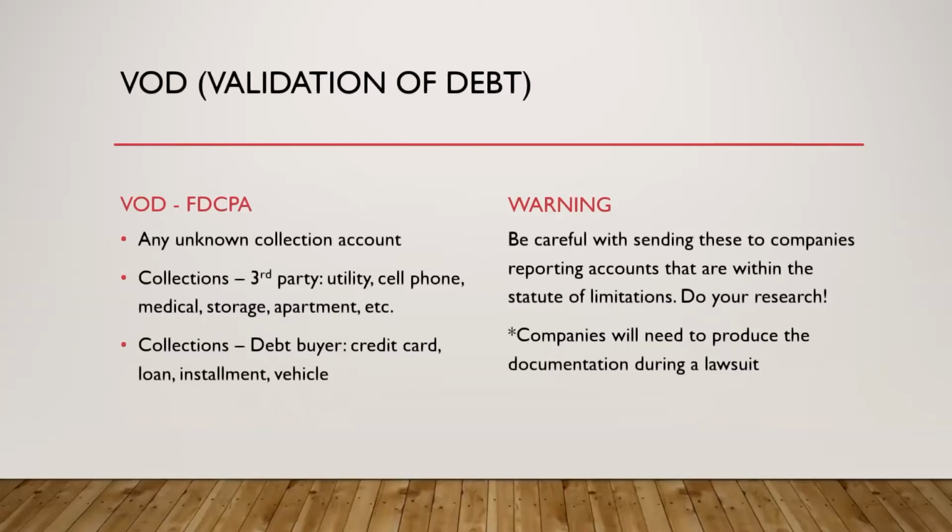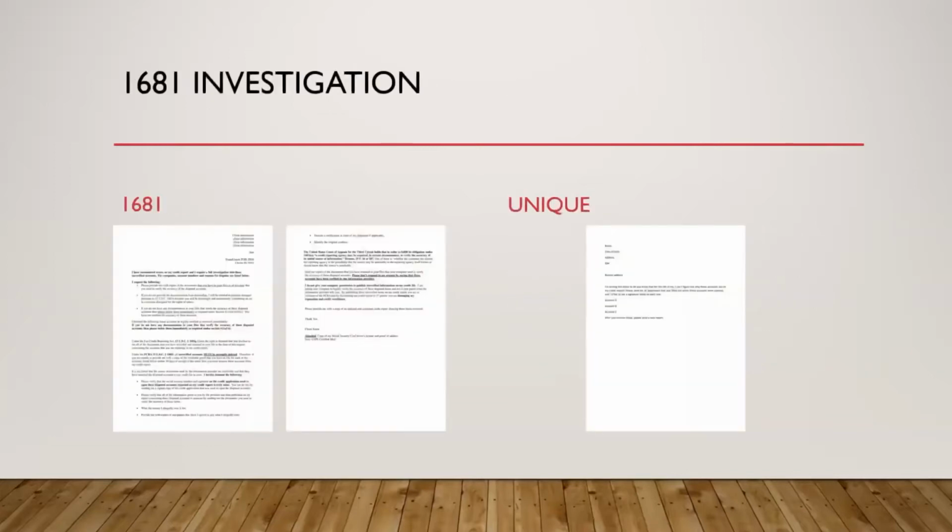All right, so the next one is a 1681 investigation. This is the same stuff that you're going to find when you purchase bureau templates. We've already gone over the 623, the 609, and the VOD. Now, this is the 1681. 1681 is simply a section that states that you have the right to an investigation of inaccurate information.